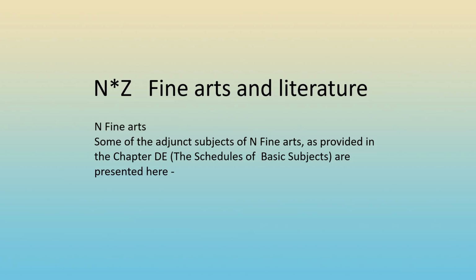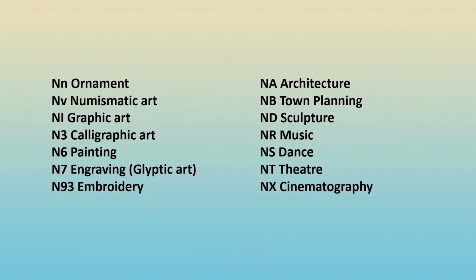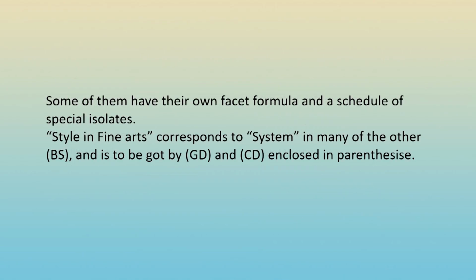Some of the adjunct subjects of capital N fine arts as provided in chapter DE are presented here. Some of them have their own facet formula and a schedule of special isolates.